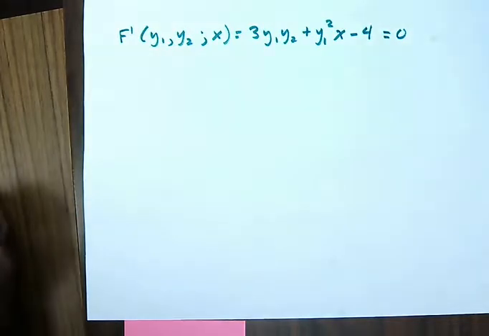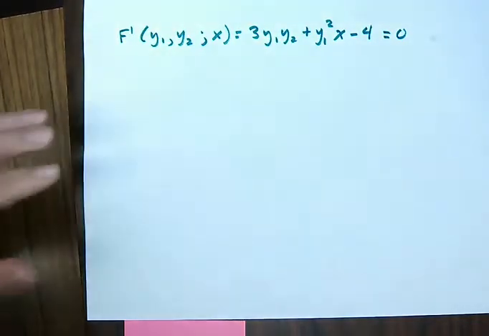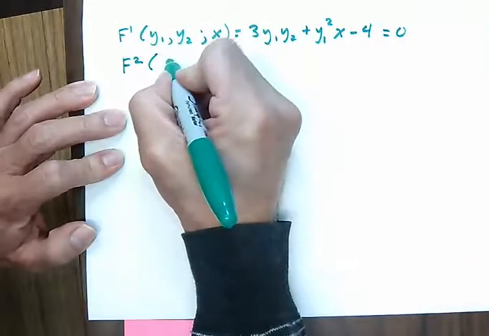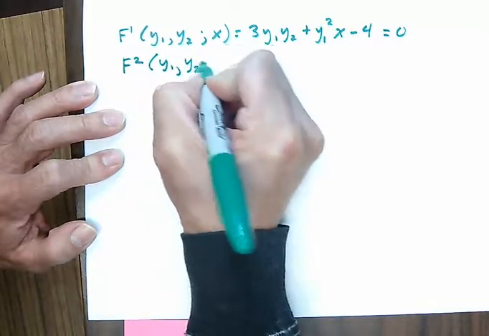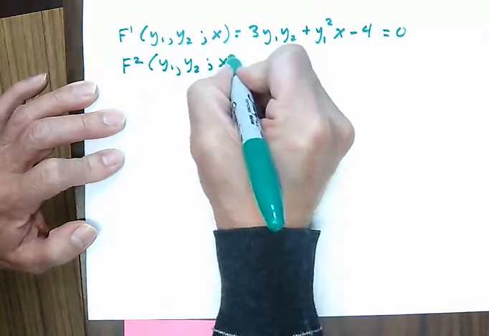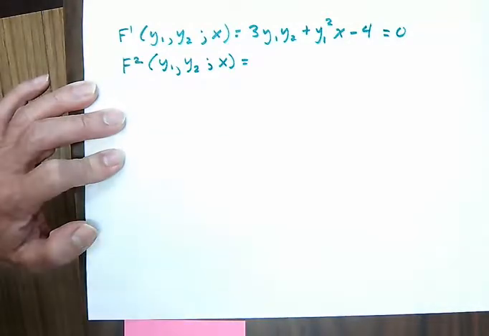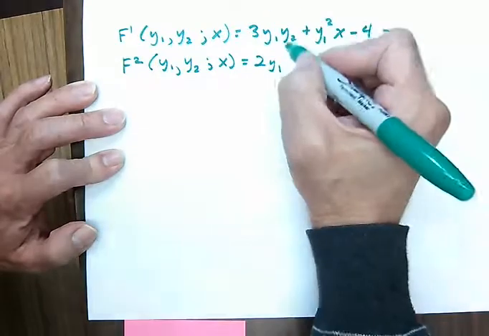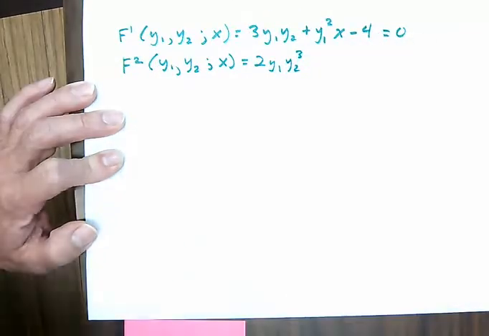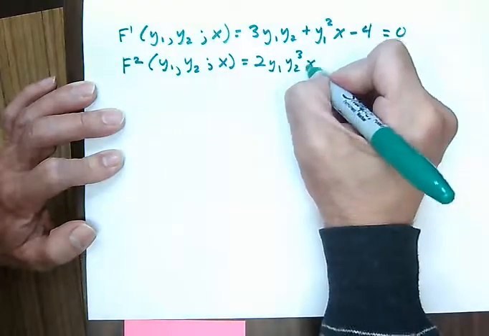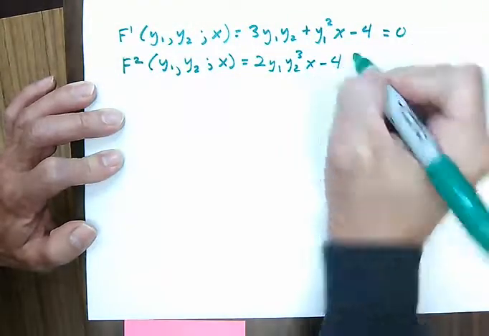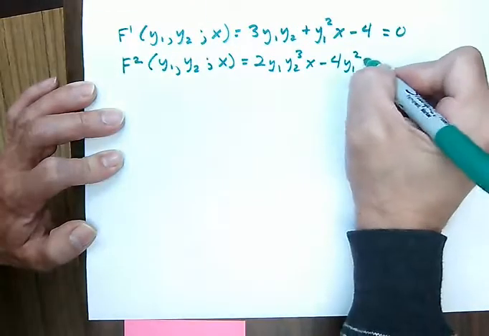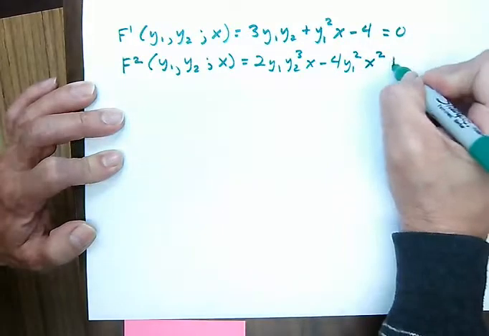Our second capital F function is expressed as F2, which depends also on y1, y2, and x, and is equal to 2y1 y2 cubed times x minus 4 y1 squared x squared plus 2.